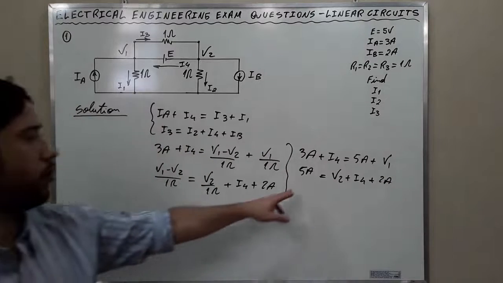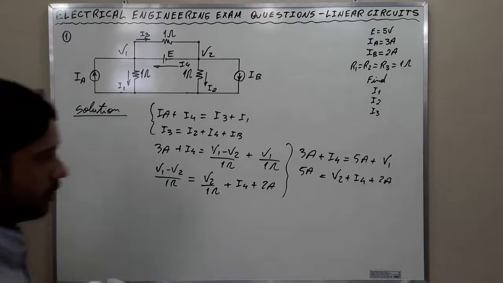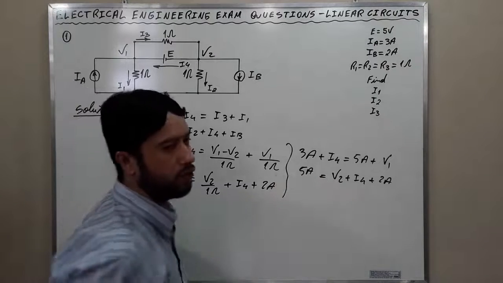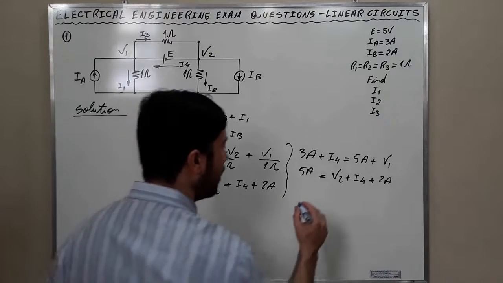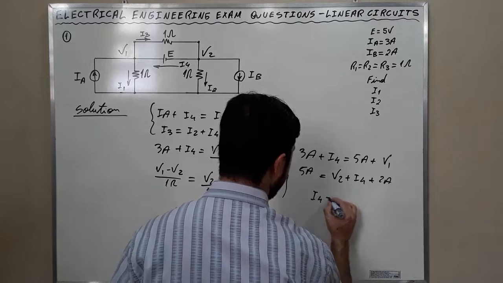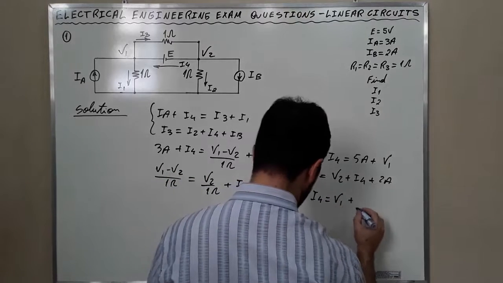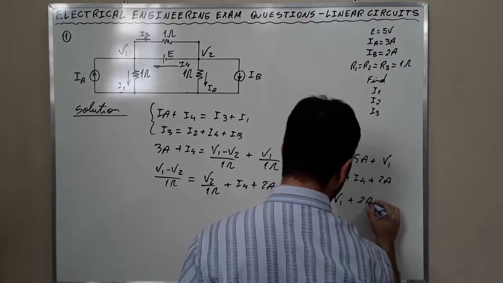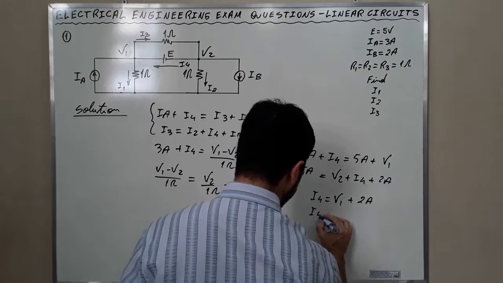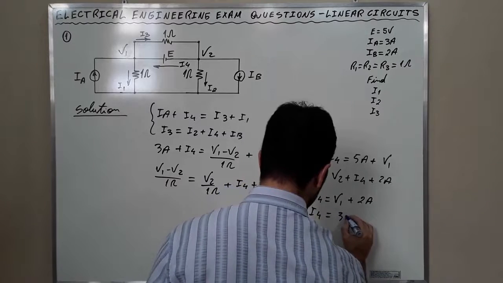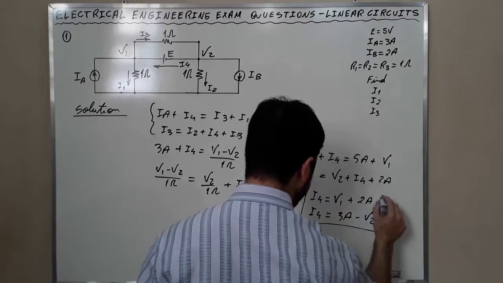We are working with this system of equations. And if we equate this, we are going to discover that I4 is 2 amperes plus V1, and I4 is equal to 3 amperes minus V2, okay?